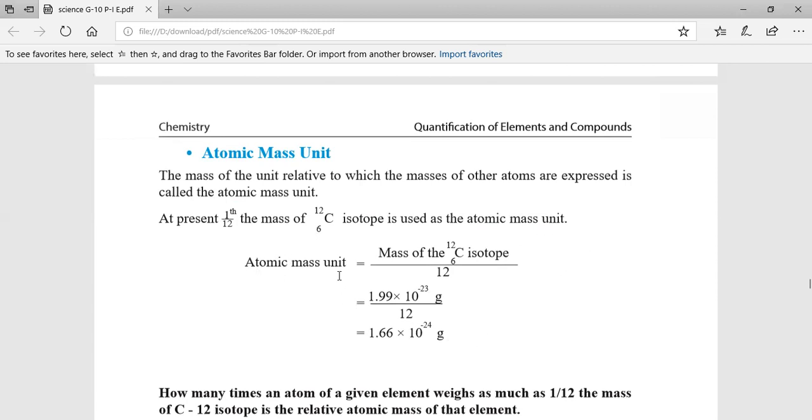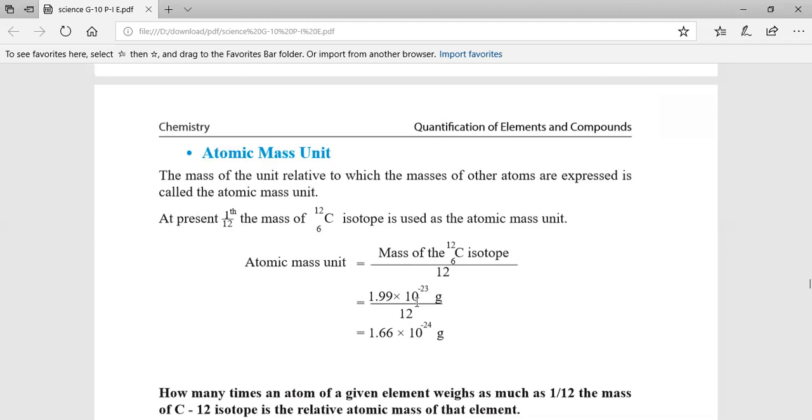The mass of the carbon-12 isotope, given on the previous page, is 1.99 into 10 to the power minus 23 grams, divided by 12.